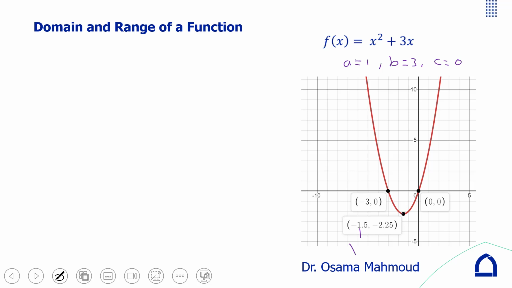This x is supposed to be minus b over 2a, b is 3 over 2a, a is 1, so minus 3 over 2, which is exactly minus 1.5. X is minus 1.5. Substitute here x equal to minus 1.5. You will get y as minus 2.25.